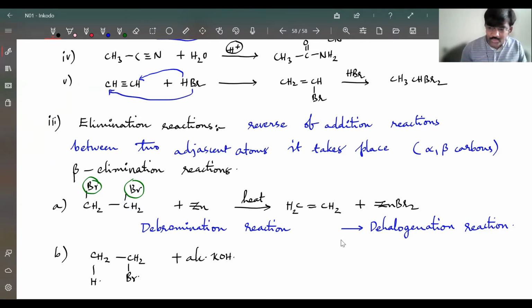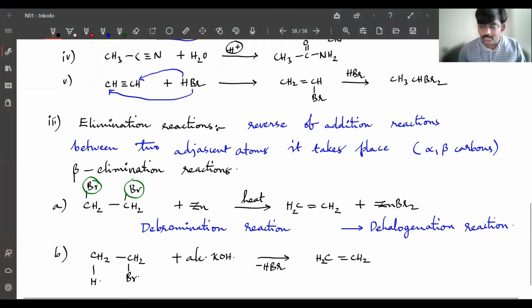So what that alcoholic KOH will do is remove hydrogen and bromine. HBr, hydrogen bromide, is removed, right? And it will give you CH2=CH2. So that hydrogen bromide will be removed from it.